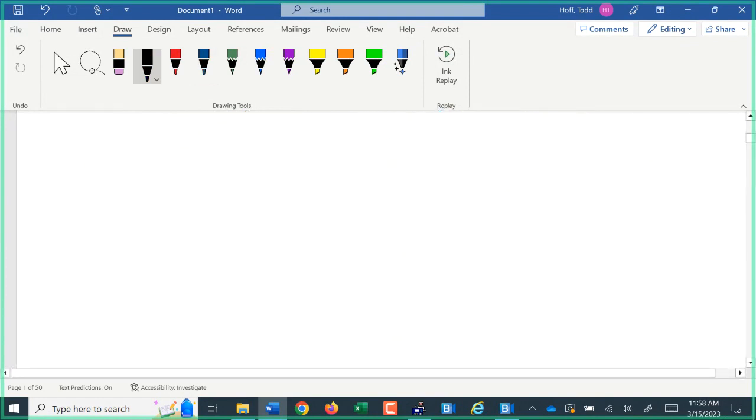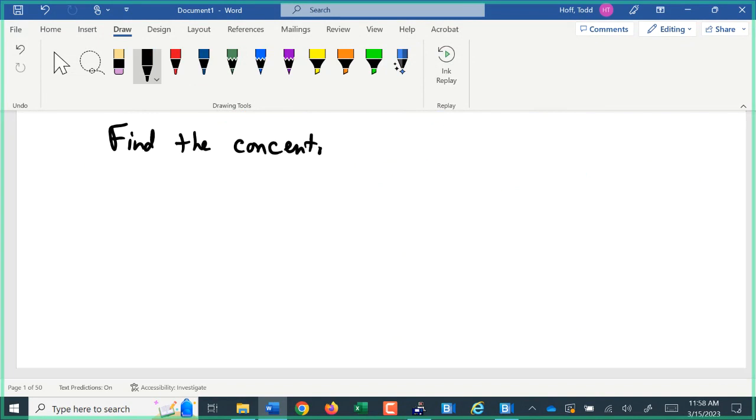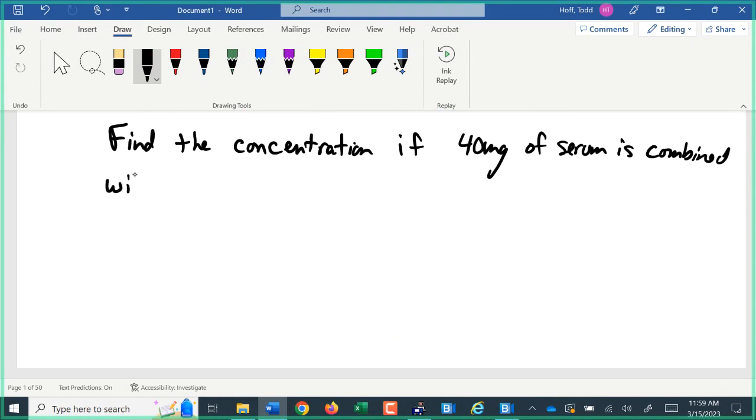We might ask, find the concentration. If 40 milligrams of serum is combined with 160 grams of NS.